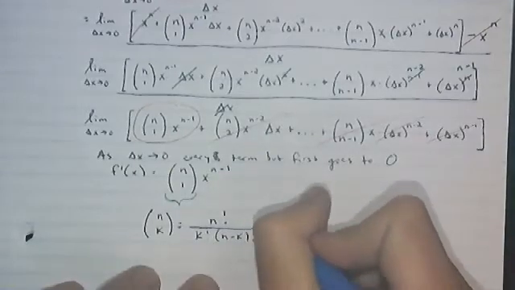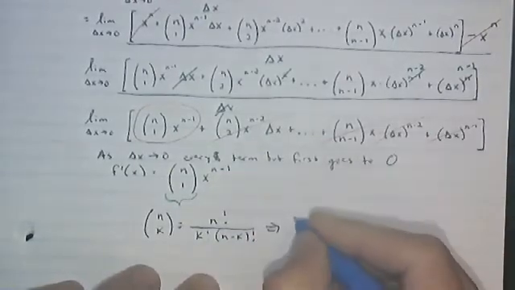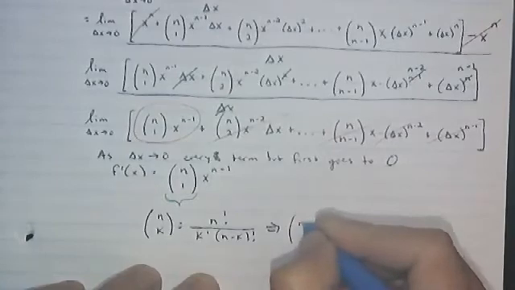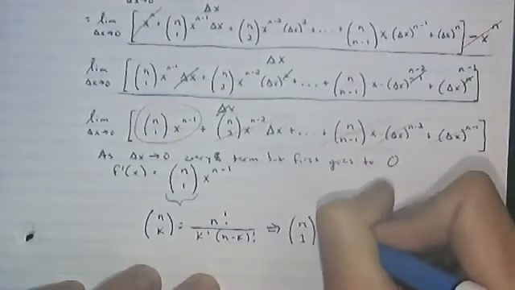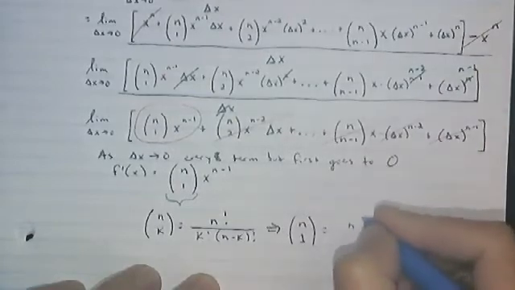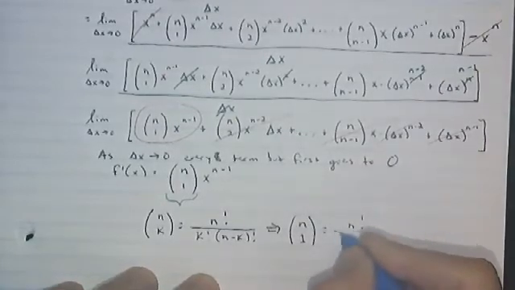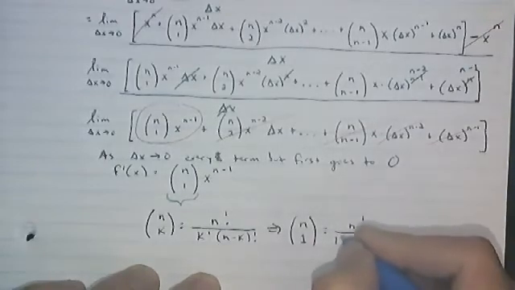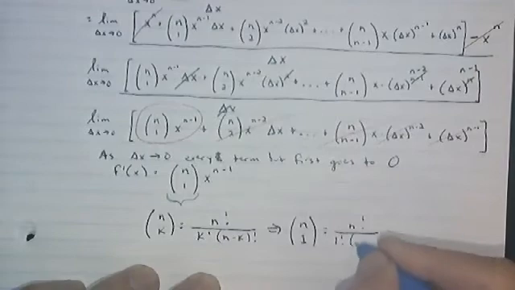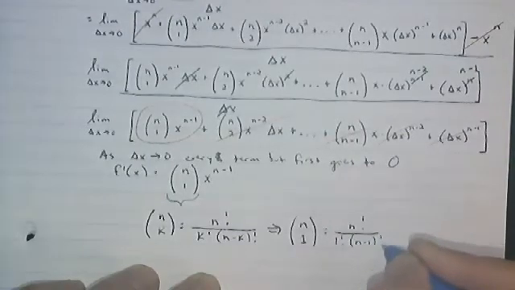Let's adapt this to what we're looking at. We're looking at n choose 1. So k is 1. Means we want n factorial over 1 factorial times n minus 1 factorial.